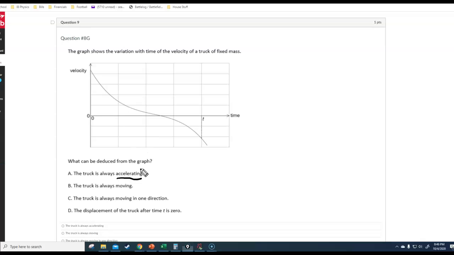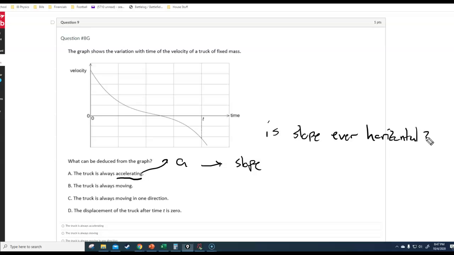On a velocity time graph, acceleration has to do with the slope. So is the slope of this graph ever equal to 0? In other words, is the slope ever horizontal? Because that would indicate a slope of 0. Looking at the graph, I don't think so, and so this is a maybe.